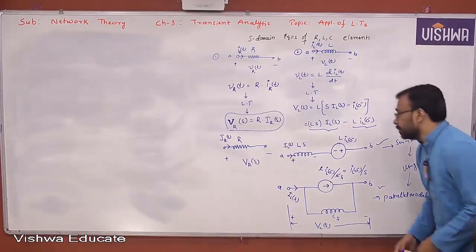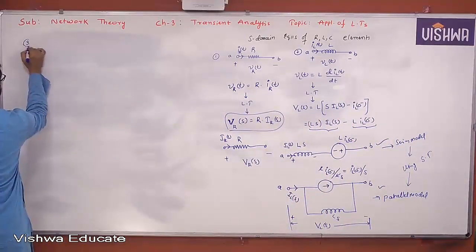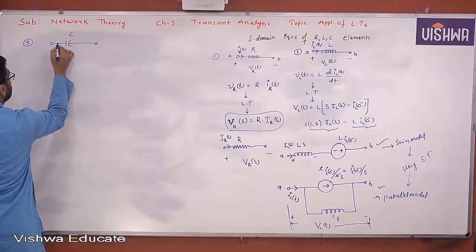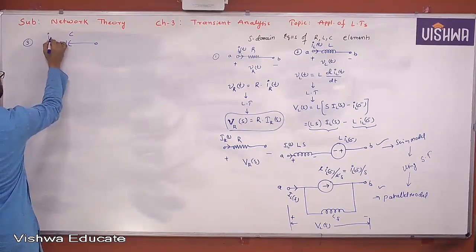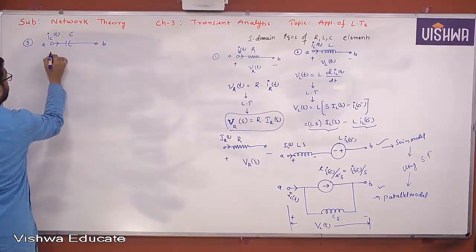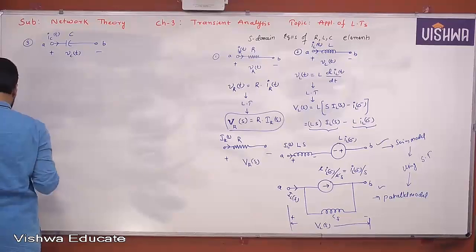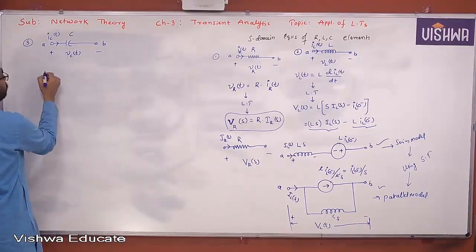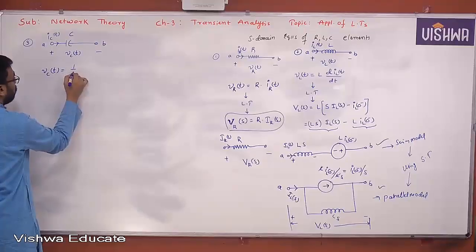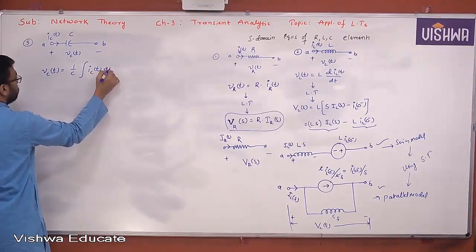Okay. Now coming to the third one, the capacitor. Say this is IC of T, A, B terminals, with plus minus VC of T. VC of T is equal to 1 by C integral IC of T dt.